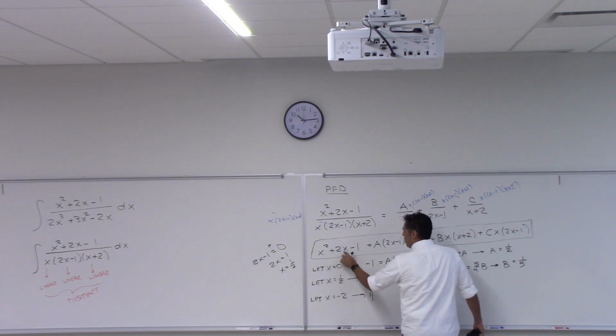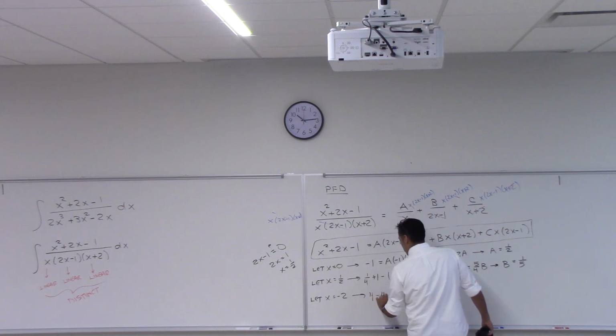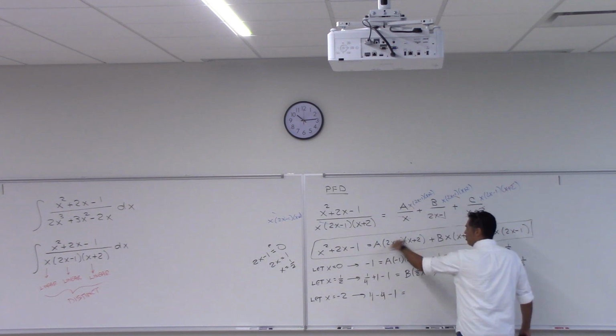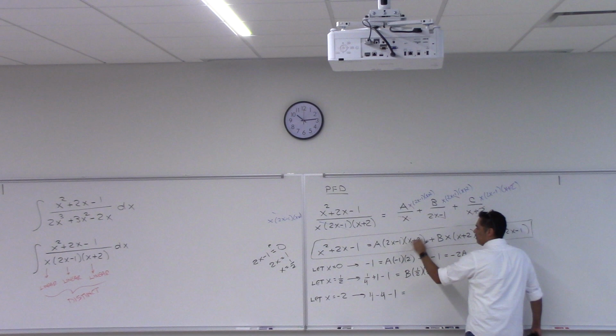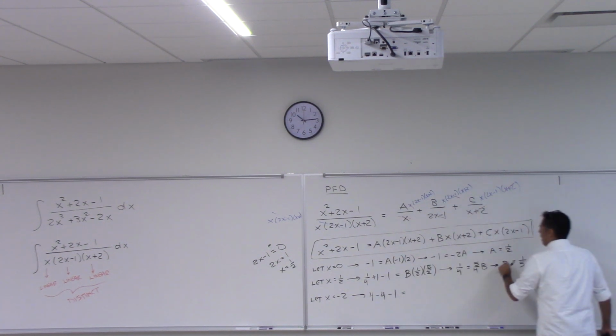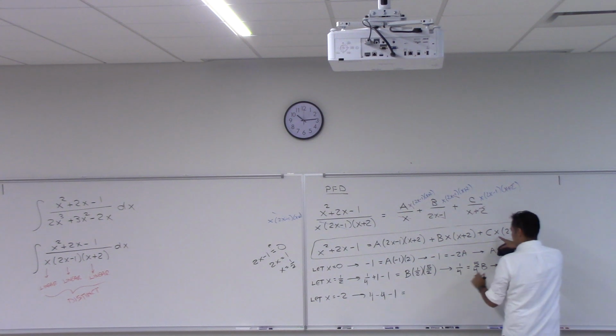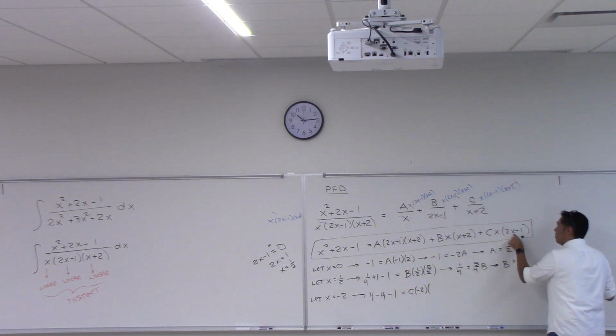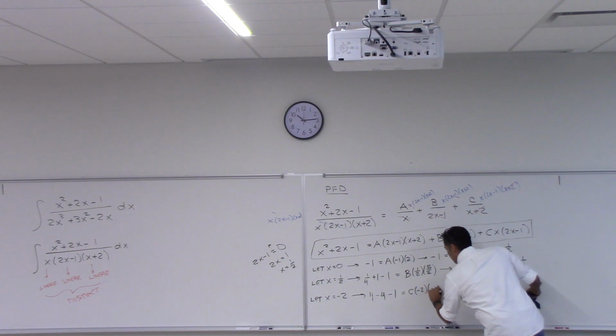Plus 2 times negative 2, minus 4, right? And then minus 1 equals, okay, this should go away, right? Because when I plug in negative 2 here, that's all gone. When I plug negative 2 here, it's all gone. And then I need negative 2 into this. So C times negative 2, and then let's see, 2 times negative 2, negative 4, take away 1, negative 5.